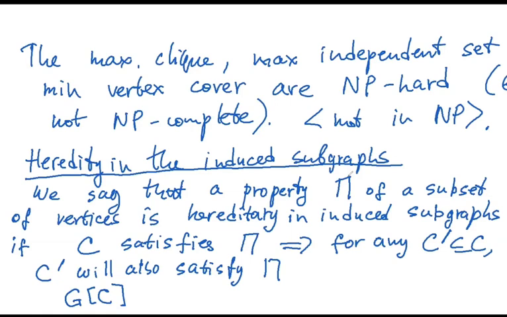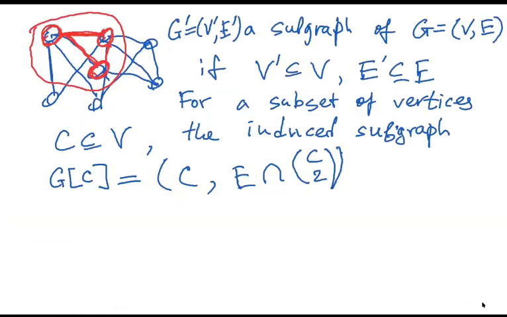An independent set is a hereditary property because, again, any subset of an independent set is also an independent set. All right, and then we'll define a couple of other properties for graphs, which essentially hold for any problems that we are interested in.